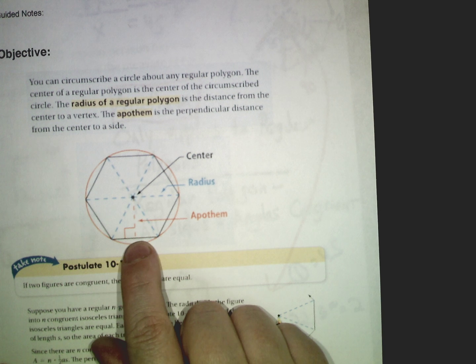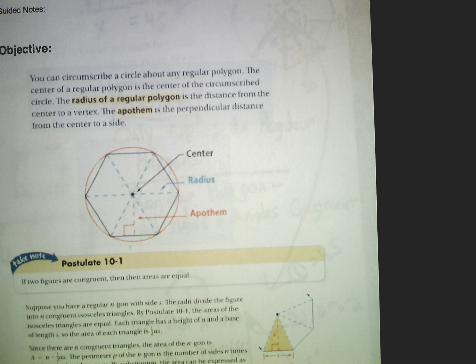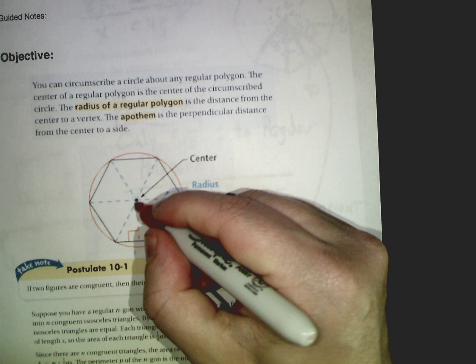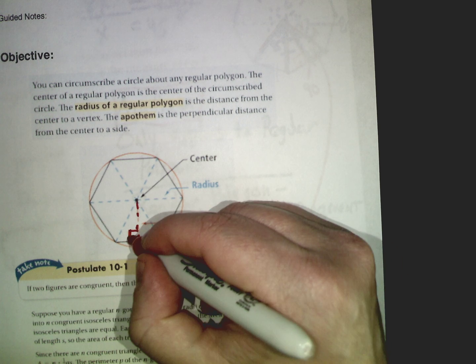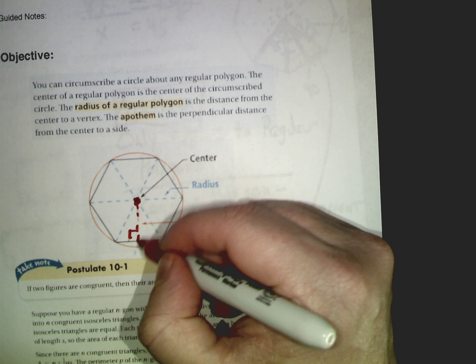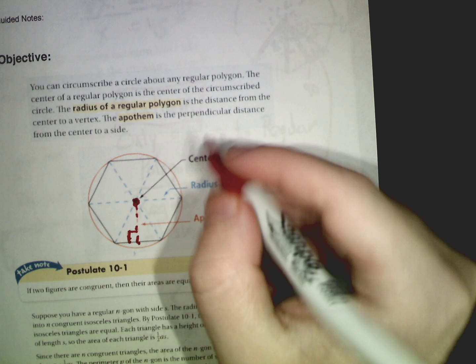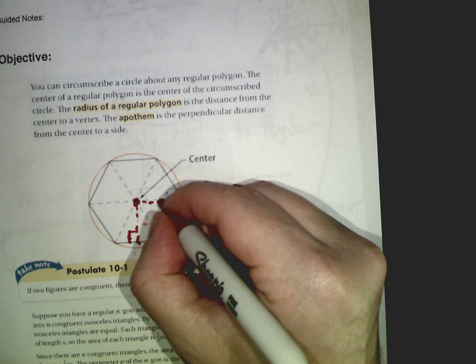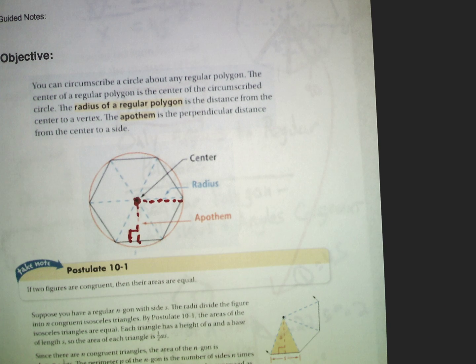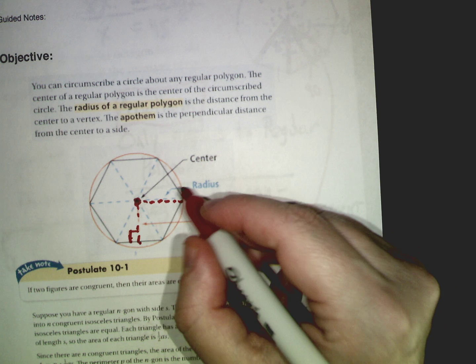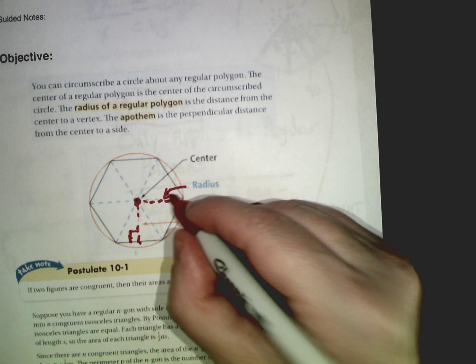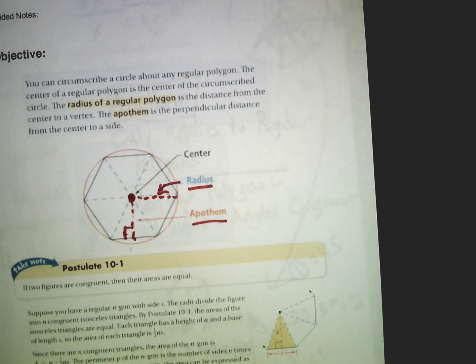You've got the apothem, which is the red one. It goes from the center to a side and makes 90 degrees there. The radius goes from the center to an angle. So just remember that's the center.